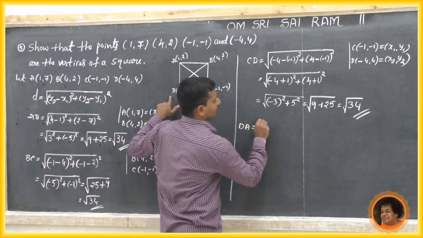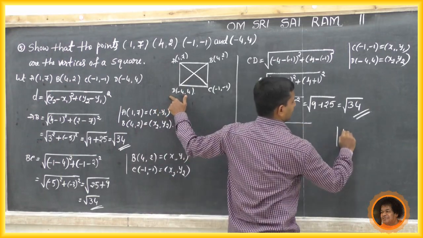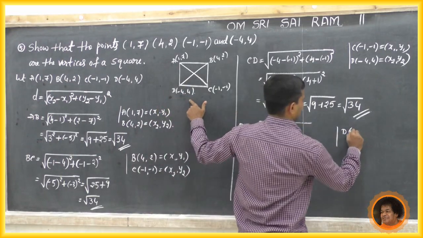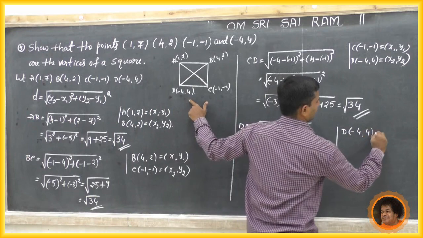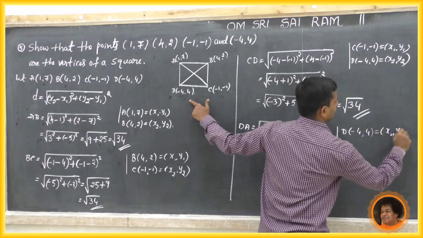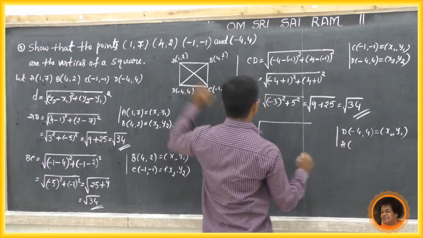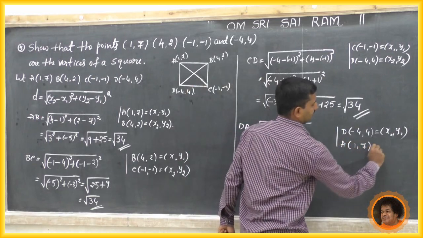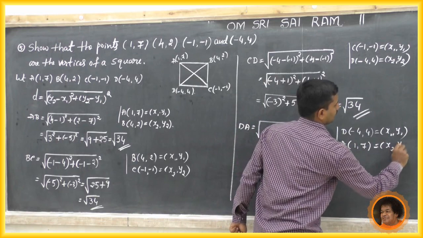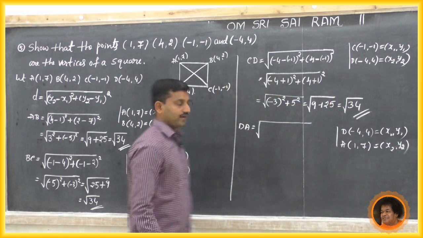So DA square root of, so the coordinates of the point D are minus 4, 4. So this is x1, y1, and A, coordinates of the point A 1, 7. This is x2, y2. Now substitute the values.